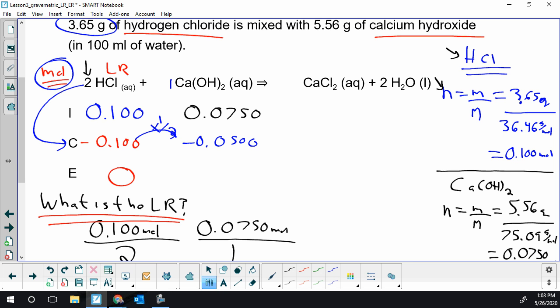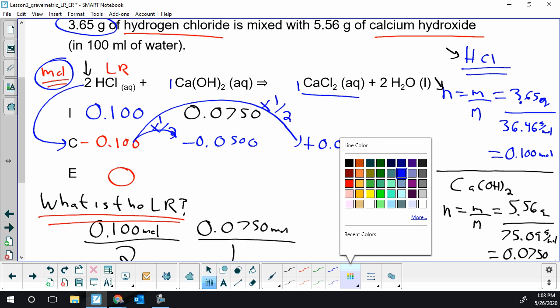If we look at our first product, that has a coefficient of 1. So multiply by 1, divide by 2. I'm using that red change as my starting point. So that's a product going up, 0.0500. Last, I'll pick another color.